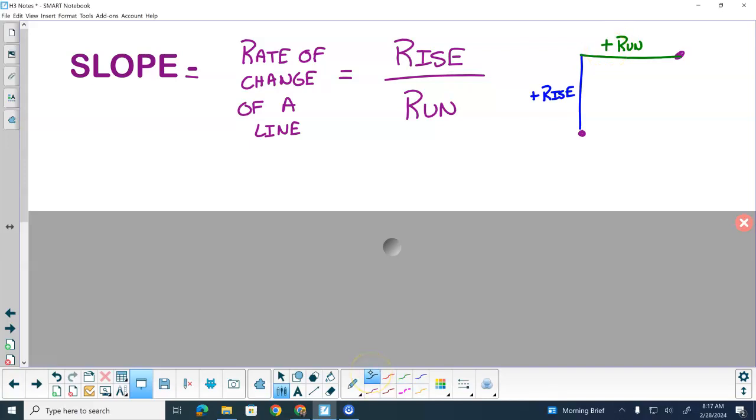If our points were this, then we would have a negative rise because we were rising down. We still have a positive run. With me? Love it.